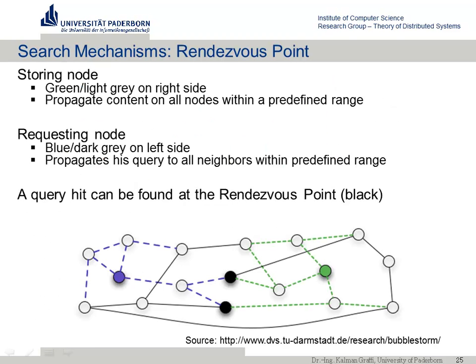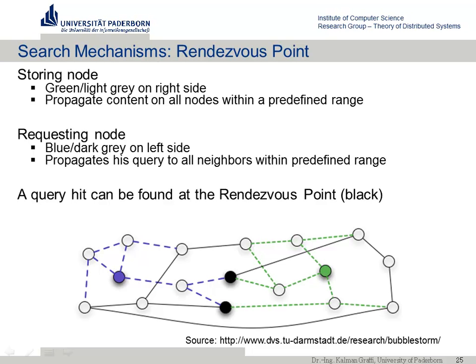The fourth mechanism I want to present for unstructured P2P overlays is how you can find objects with a pure concept, basically, so we're still in the area where all the nodes have equal rights and do the same: the rendezvous point. You can think of it with this graph. In this case, we have a storing node. So this green node has some objects.